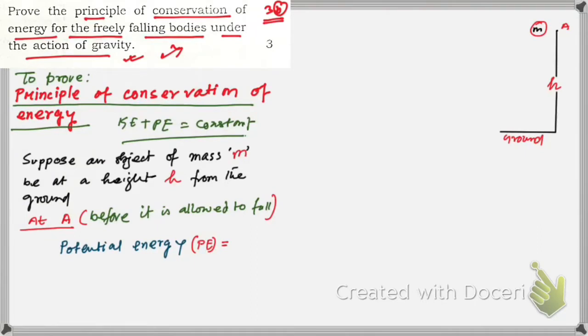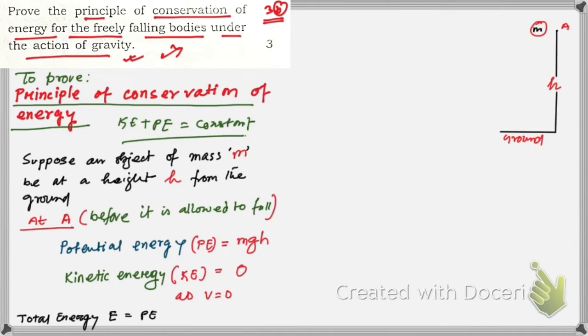The potential energy at this position must be mgh. Before it falls there is no velocity, so kinetic energy is 0. So total energy, kinetic plus potential, is mgh plus 0, which is mgh. So total energy is mgh at position A.